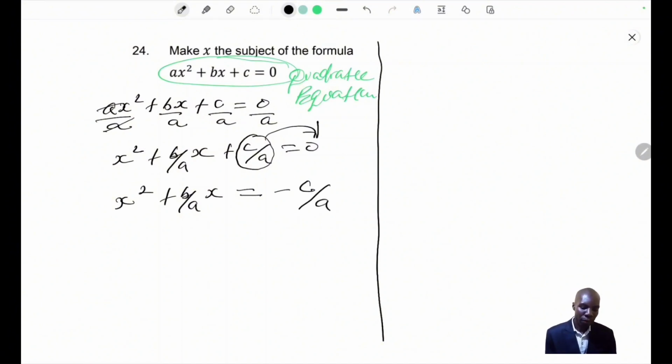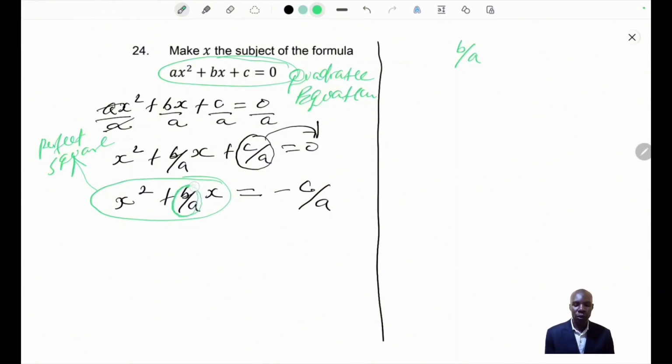Then from here, we want to make the left-hand side a perfect square. For us to make the left-hand side a perfect square, we'll take the coefficient of x. The coefficient of x is b over a. Then you get half of it, which is b over 2a.